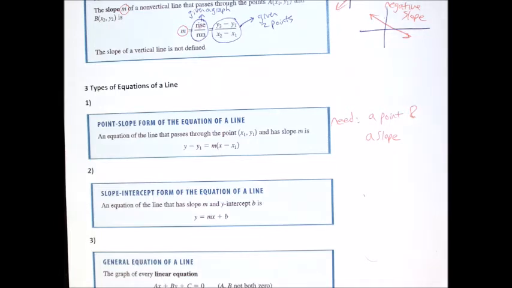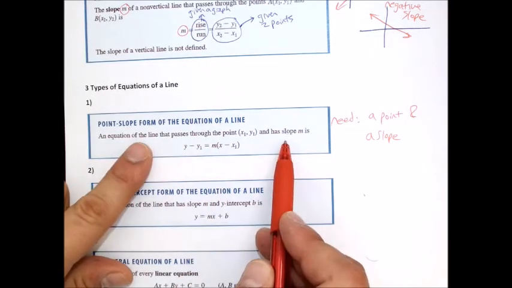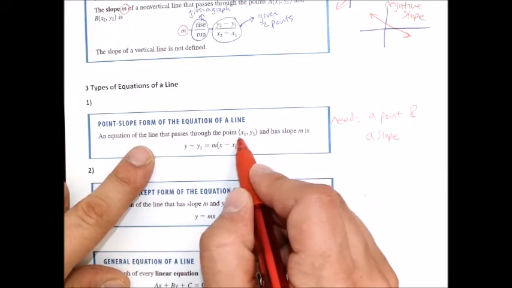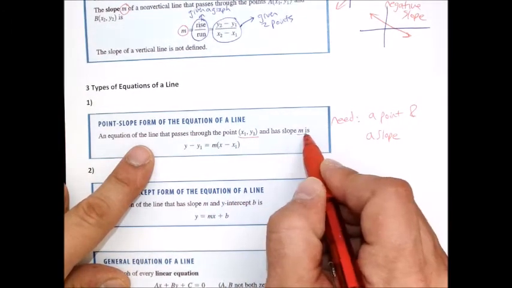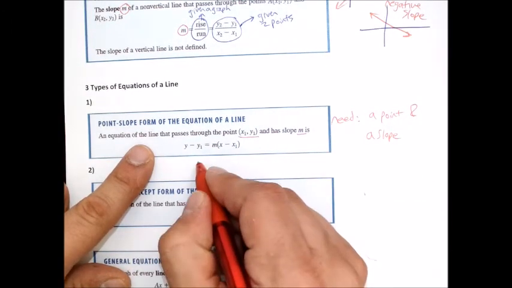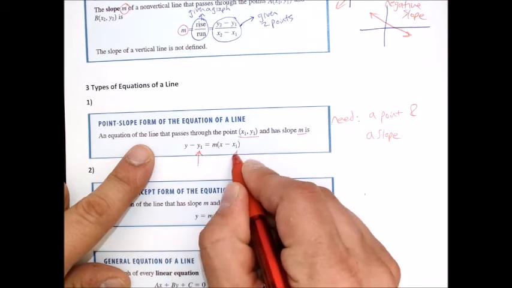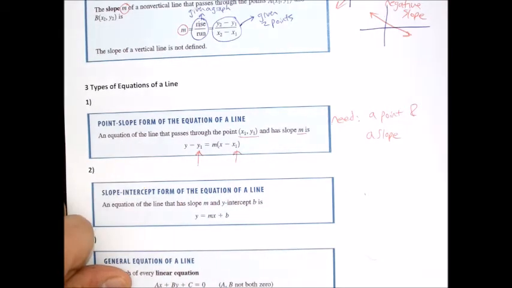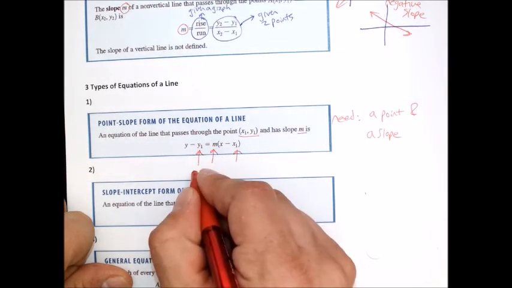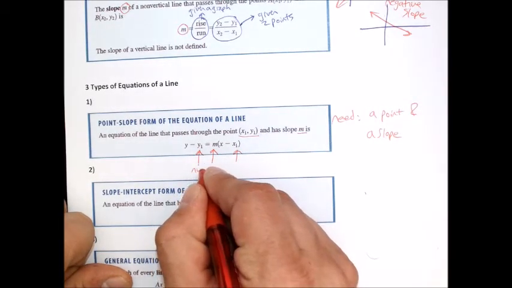So point slope form, you need a single point and you need the slope. And then you write it in this form. So notice that we have the point x1, y1 and slope m. And you can see that x1 and y1 are going in those 2 positions, and m goes right here. And so these 3 things are numbers.